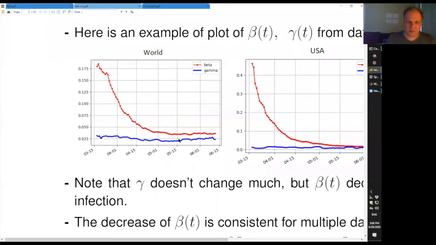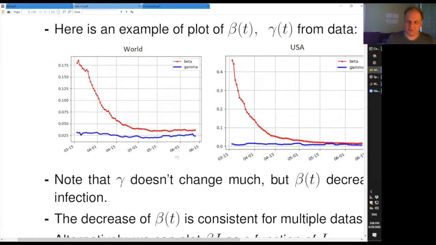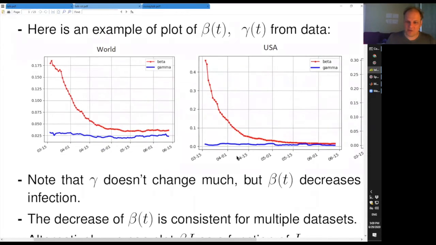It doesn't change very much with time. It's kind of a physical constant. How long does it take for a person to recover or die? It's roughly 2 to 3 weeks, and gamma is 1 divided by that. This is roughly the parameter that is seen here, so it corresponds to what we know about the virus.